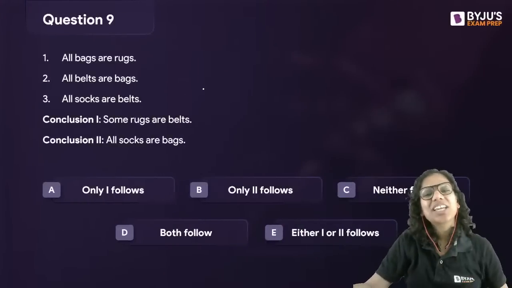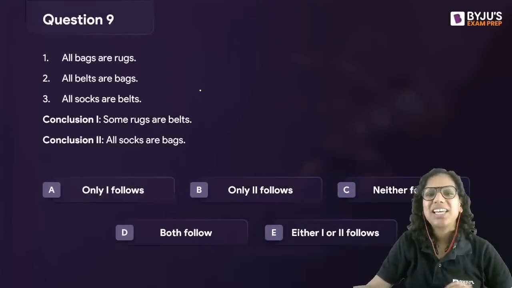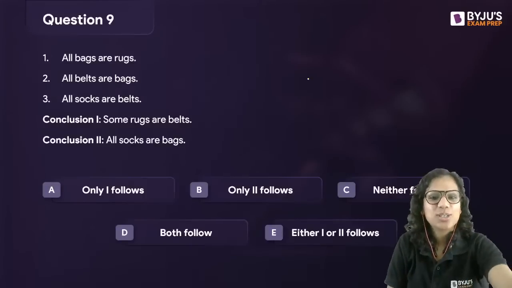So here's a syllogism question for you. Quickly tell me the answer. A very commonsensical question also.